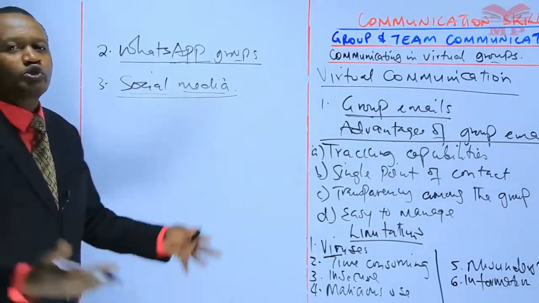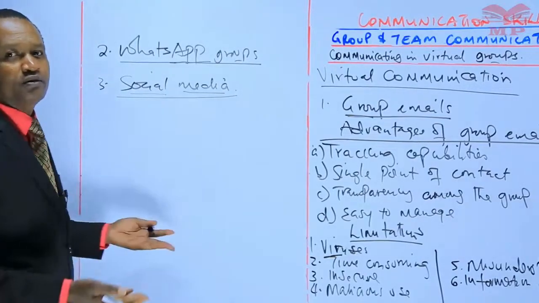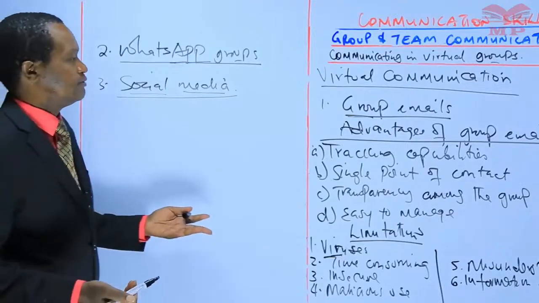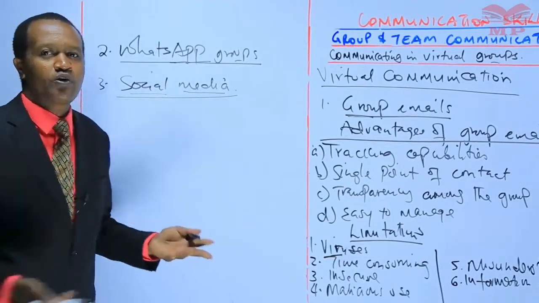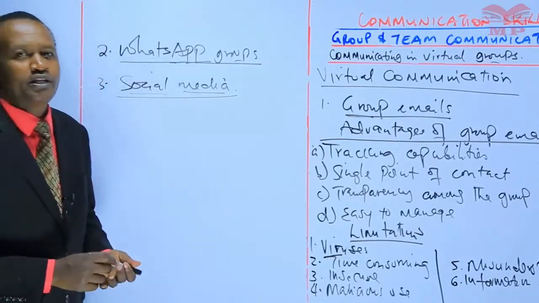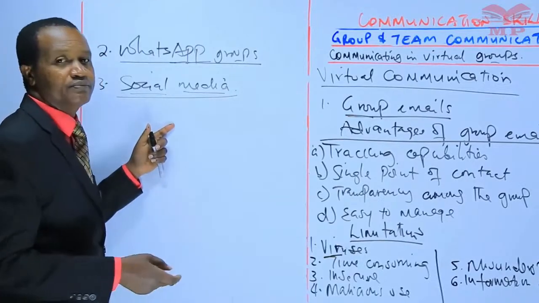So I've mentioned social media accounts, Facebook, we have even blogs. Blogs are also another platform. A blog is just a platform for casual dialogue and discussions on special topics or opinions.